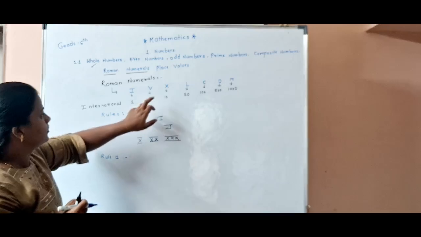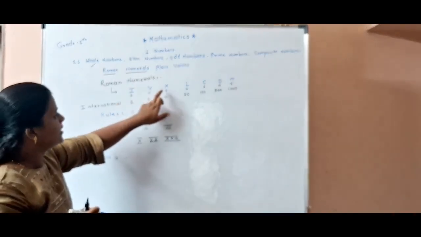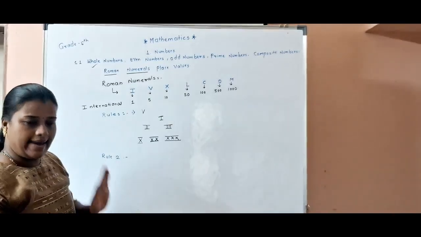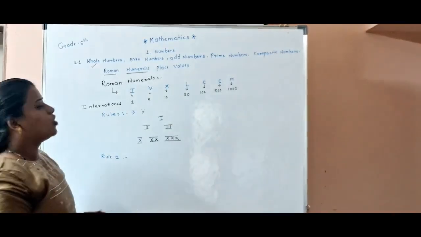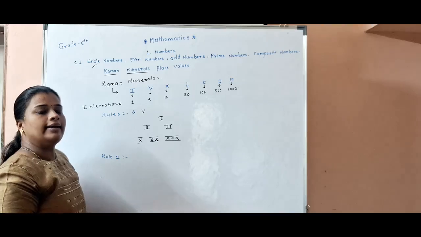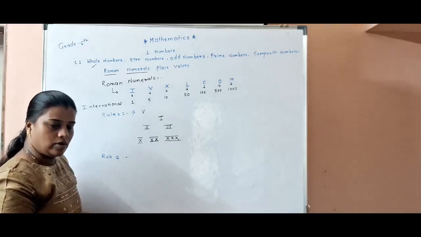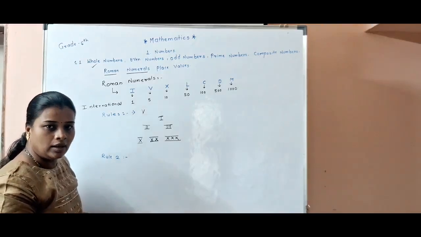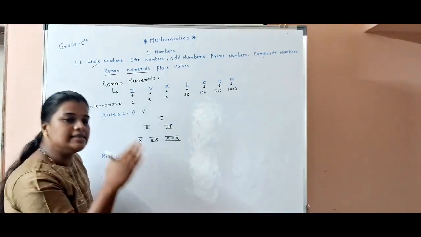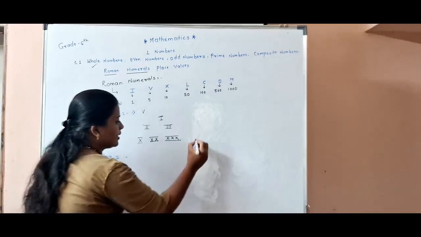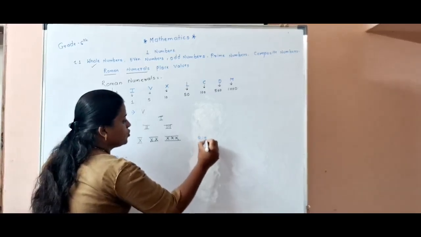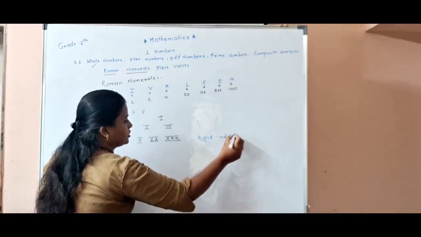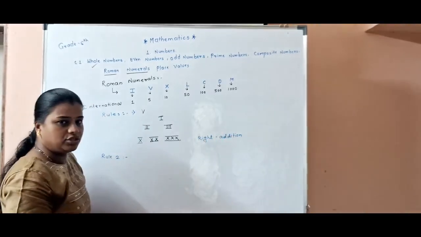Higher Roman for I and V is X. For V it is only I. The smaller Roman numeral you can write either to the left side or to the right side. When you write to the right side, you are supposed to do addition.